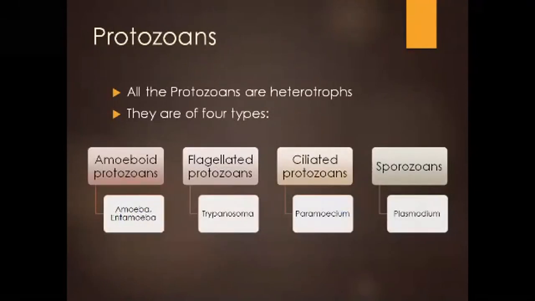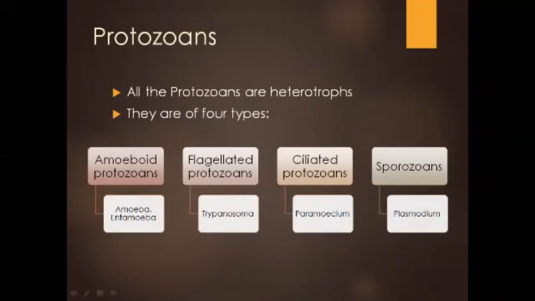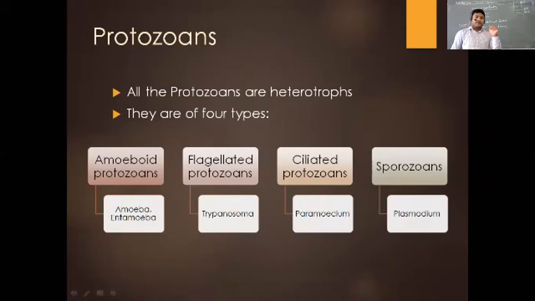Now, coming to the last type of protist, the protozoan protists, right? The protozoan protists are of four different types, and all of the protozoans are going to be heterotrophs, right? They are typically parasites, dependent on other organisms.